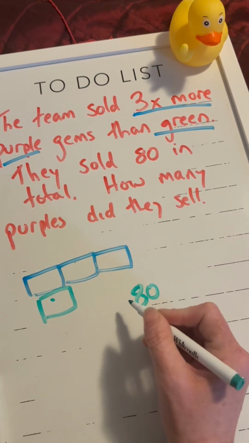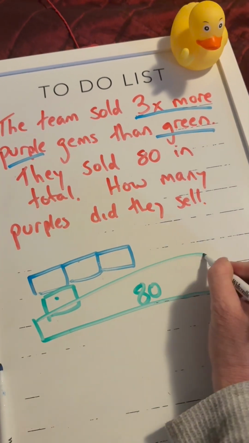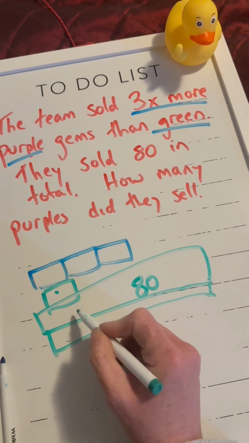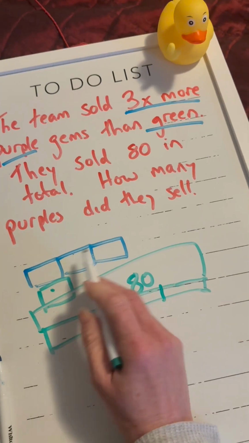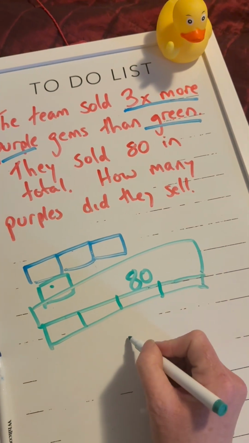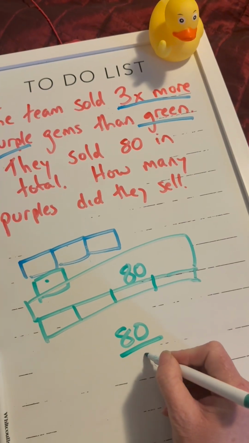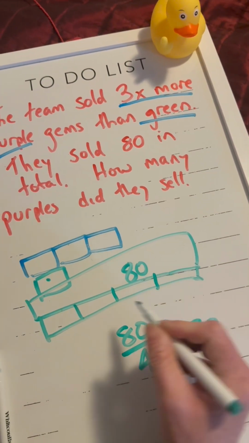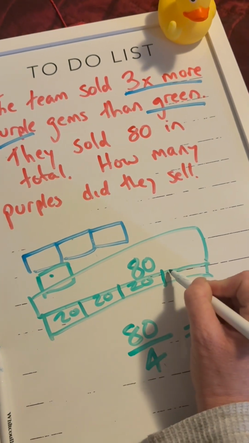And they sold 80 in total, okay? 80 is our total, and we've got 4 parts of our bar. 80 divided by 4 is 20, all right? 20, 20, 20, 20.